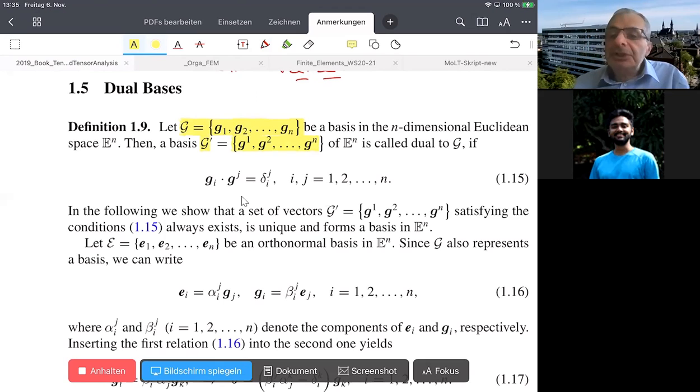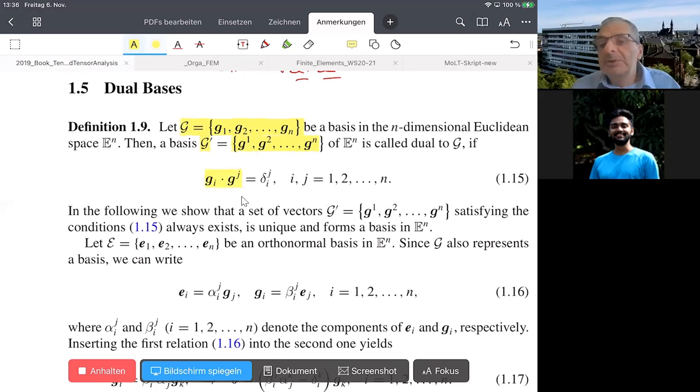In chapter 2, in the second part of the semester, we will discuss the deeper difference between above indices and below indices, but now it is simply only to distinguish between these two bases. And this basis G dash should satisfy the following condition.